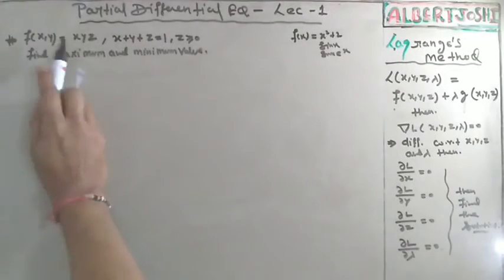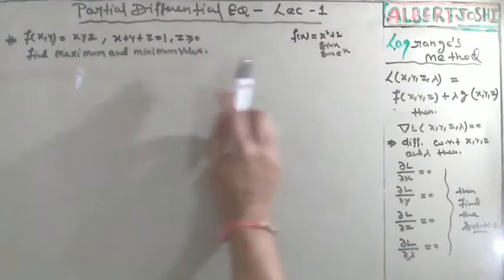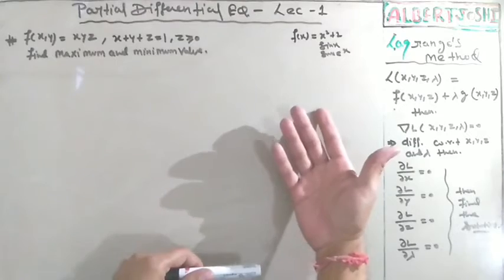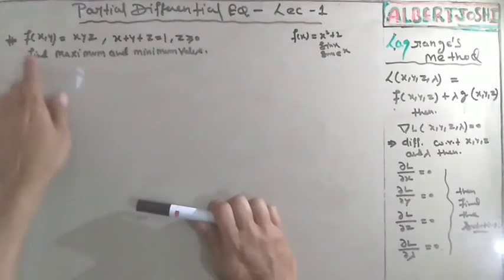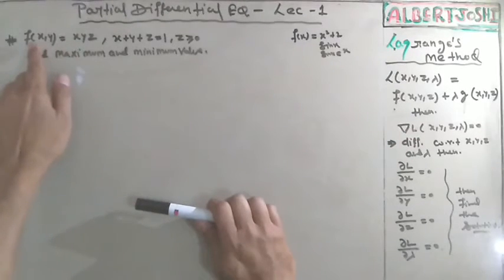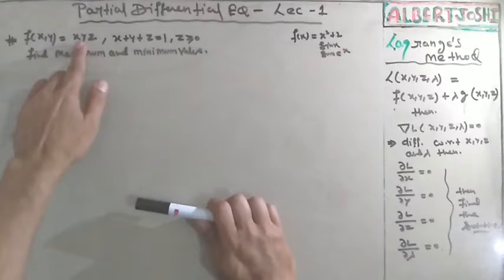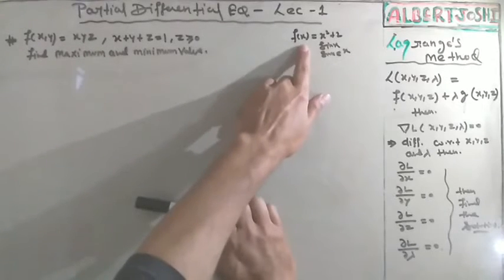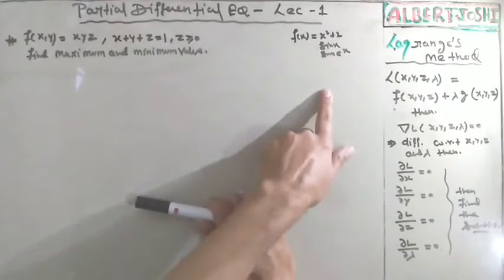If you have more than one variable, how to find the maxima and minima, we have already discussed. You can go to the previous lecture. If we have a single variable, how to find the maxima and minima, we have already discussed.